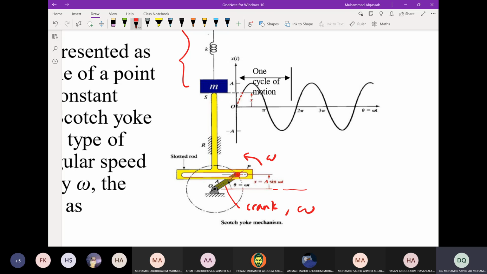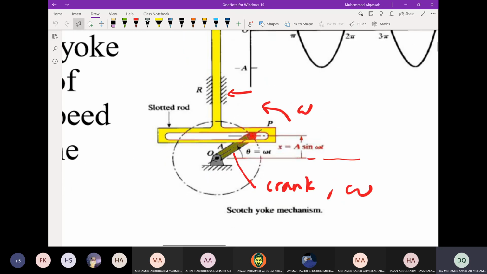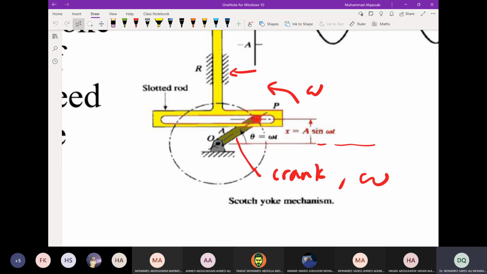Okay, the vertical motion of the rod. The rod is guided. This is a guide here. So the rod will be moving up and down, and you can find how much it will go up by finding the vertical distance. So you can draw a right angle triangle here.